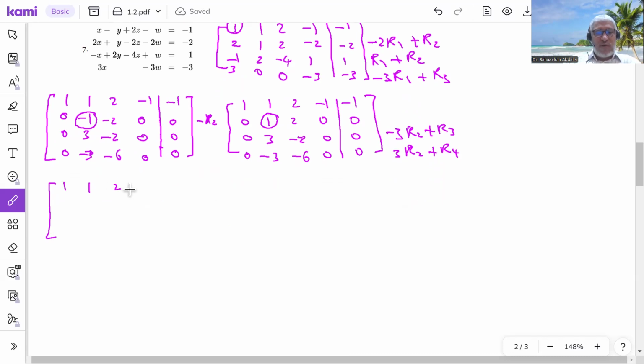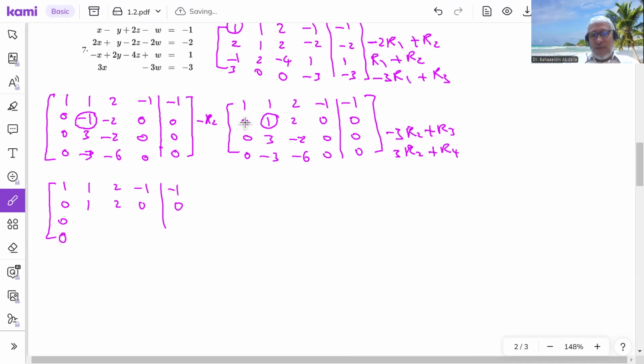The first row is not changing. The second row is also, there is no operation to change it. Now the third row, notice one important point. I'm using the second row to change the third and the fourth. Whenever you have zeros in the second row, so for example, I have 0 here, it will not change any number below. Why?